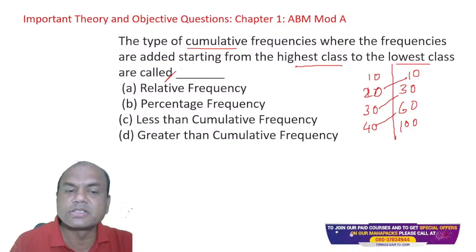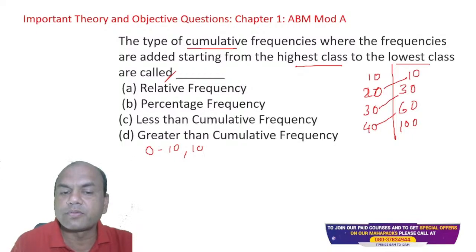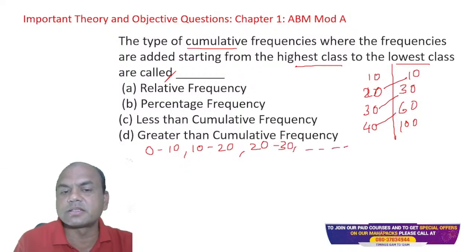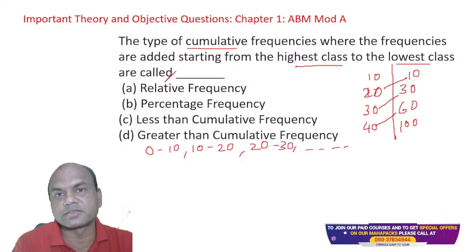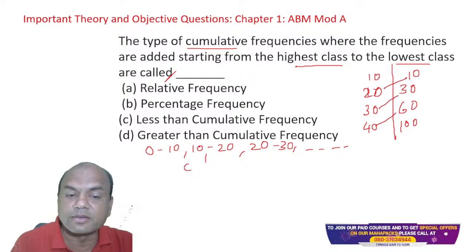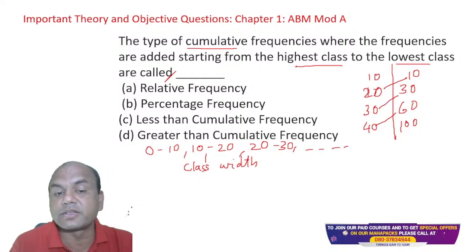For example, 0 to 10, then 10 to 20, 20 to 30, and so on. I go on arranging this. So this is known as a class. Each one is a class, and this difference is known as a class width. Remember this. This is class width.